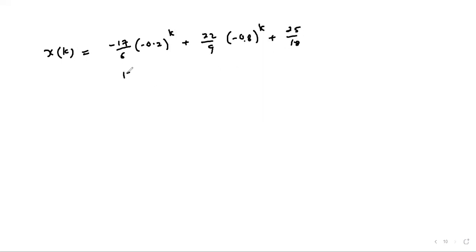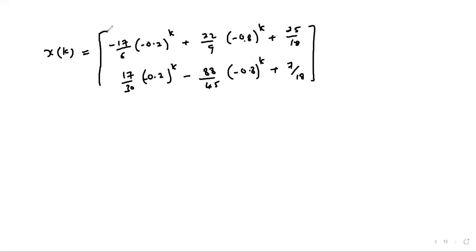Then we'll have 17 over 30 into minus 0.2 to the power k, minus 88 over 45 into minus 0.8 to the power k, plus 7 over 18. And that's our X of k.